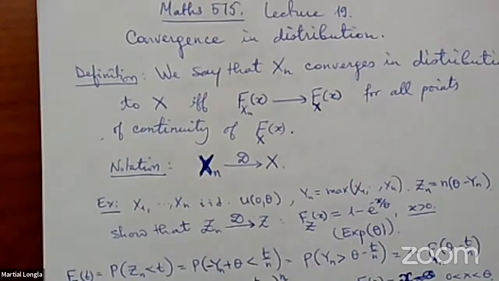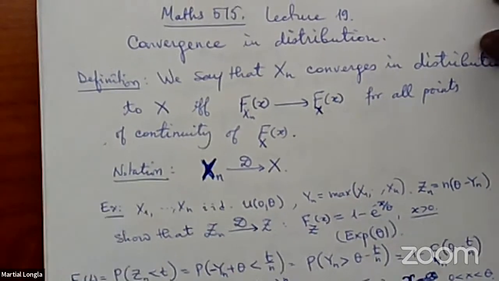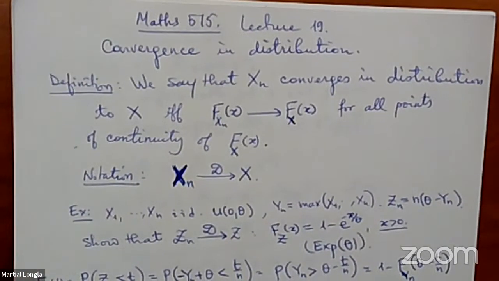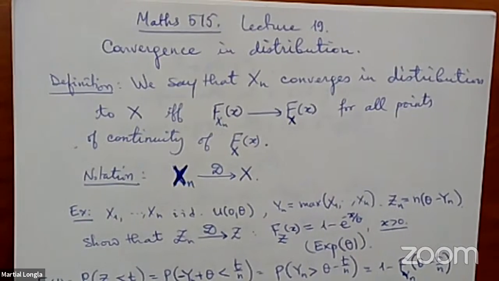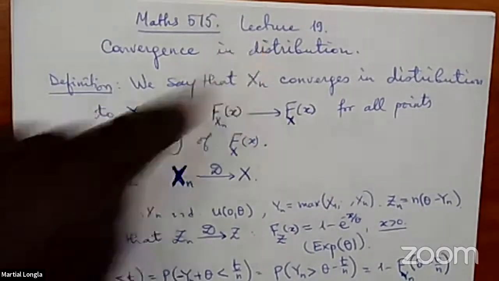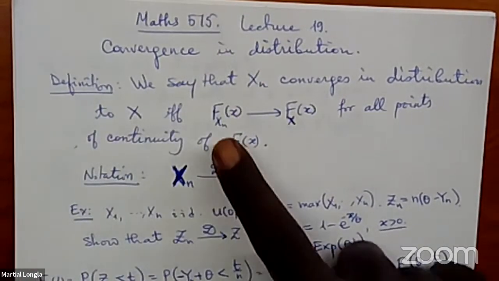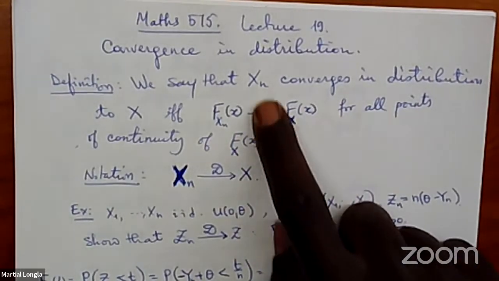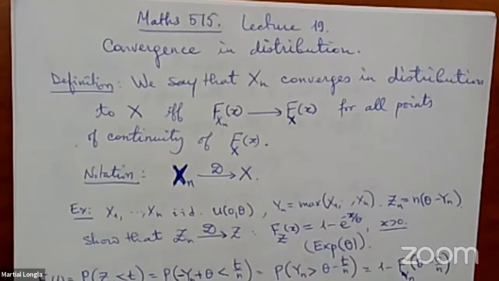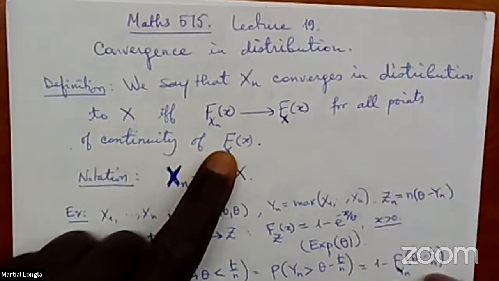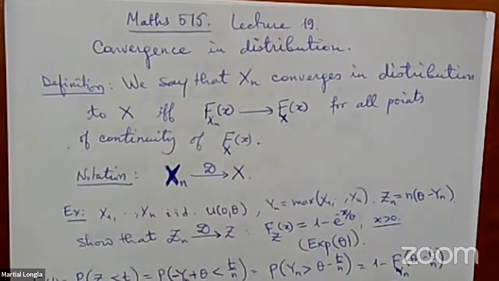So what do we call convergence in distribution? We say that a sequence Xn converges in distribution to X, which are random variables, if and only if F_Xn of x converges to F_X of x. Notice there is nothing here; it's just the regular convergence of numbers that you know, for all points of continuity of F_X of little x.